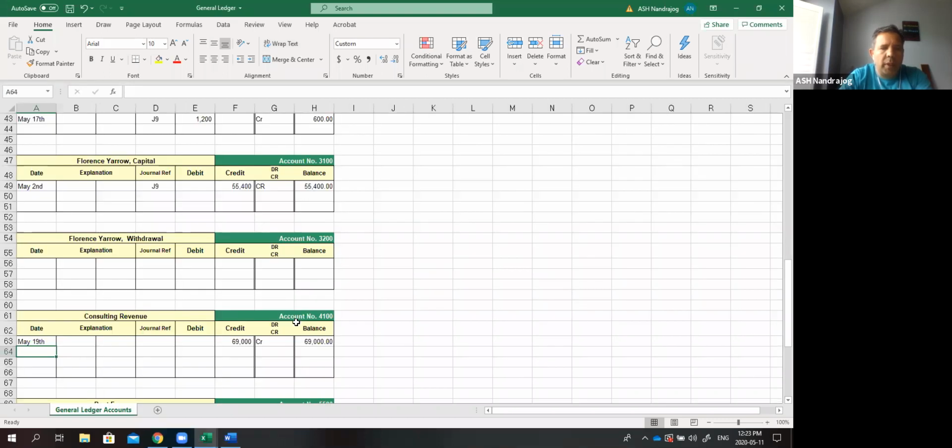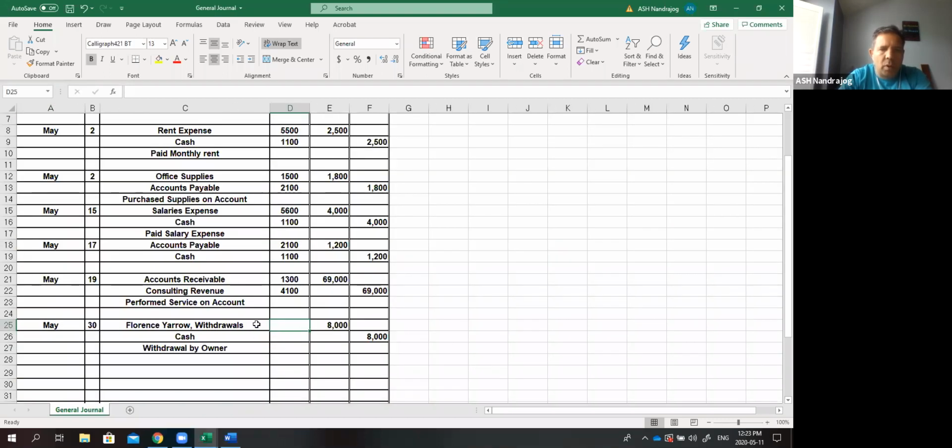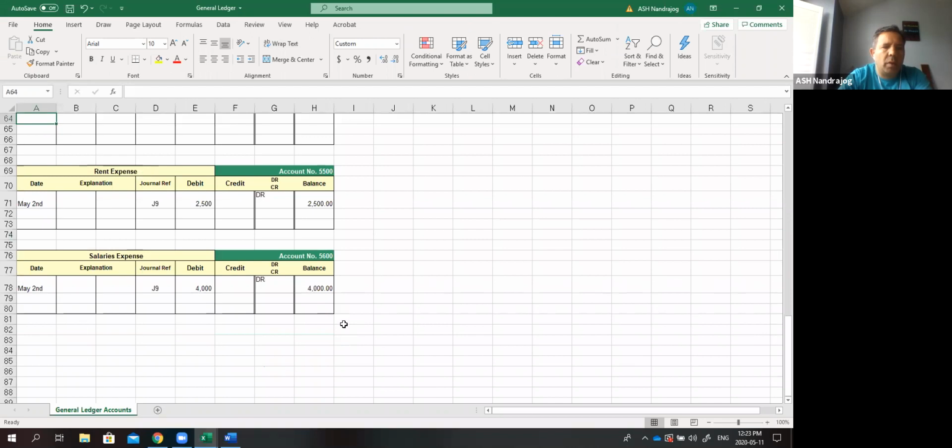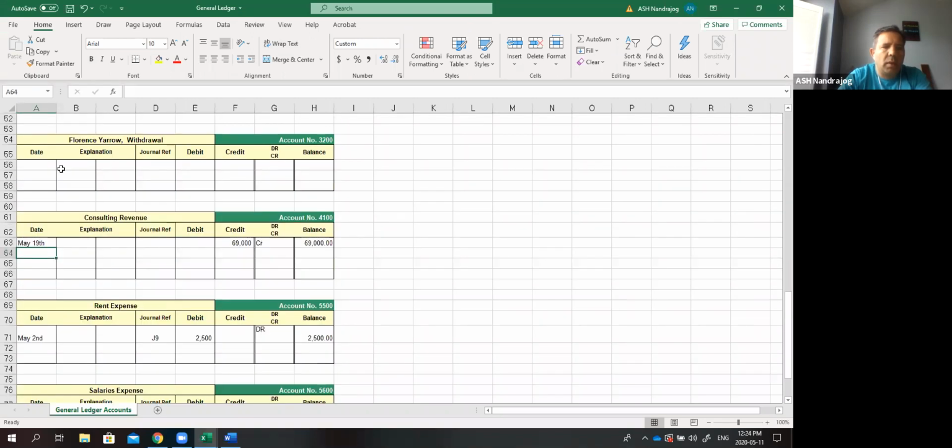Okay, now we are left with May 30th. So for May 30th, we have the withdrawals debit of 8,000 and cash credit of 8,000. Okay, so we go and record the withdrawals. Here we go. So May 30th, from journal page 9, and withdrawal amount is 8,000.